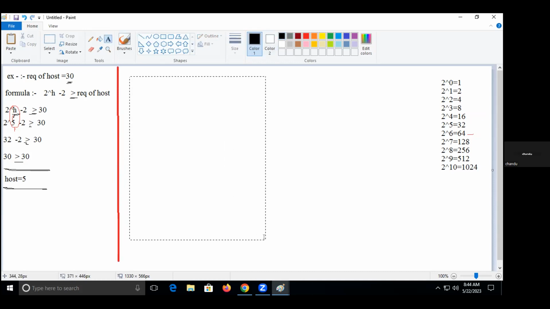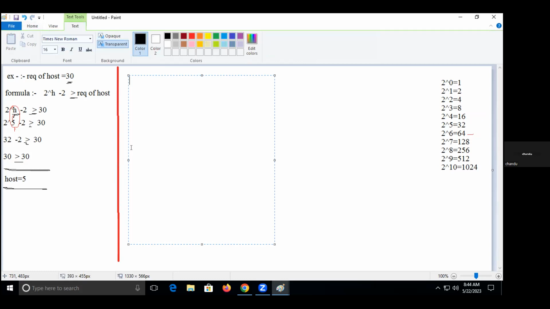Once you find the host value, there is another thing you need to find, called the customized subnet mask. Let me take the IP address 192.168.0.0, the default one.